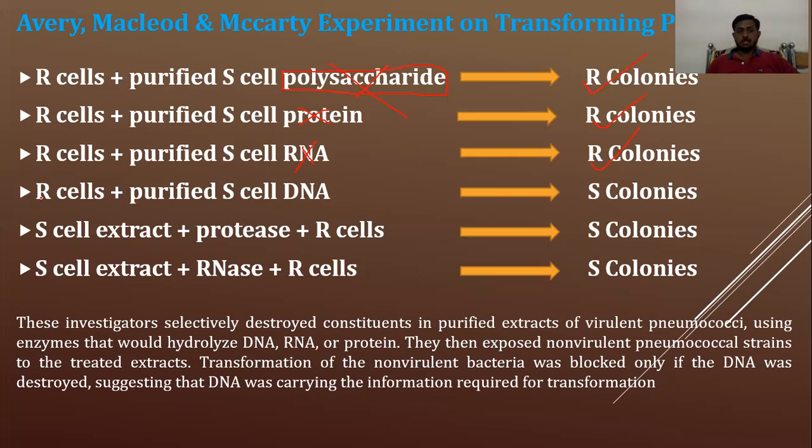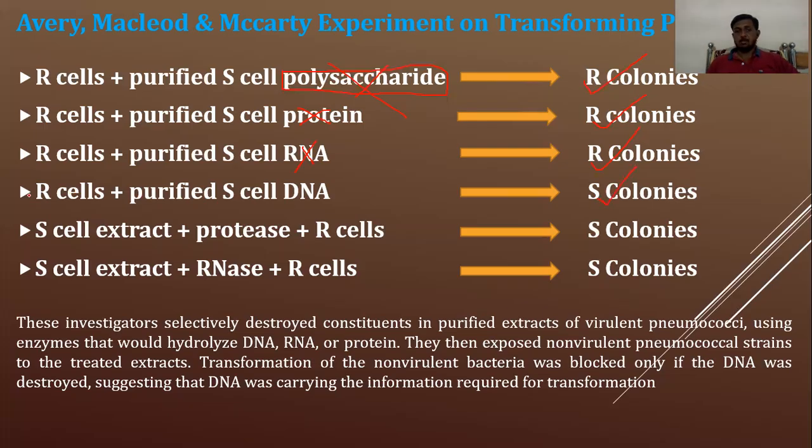In the fourth stage, they use R type of live cells plus purified S cell DNA, that is, non-virulent R type of live cells plus purified DNA from the S type of virulent strain, and inoculated on the media. They observe S type of colony.